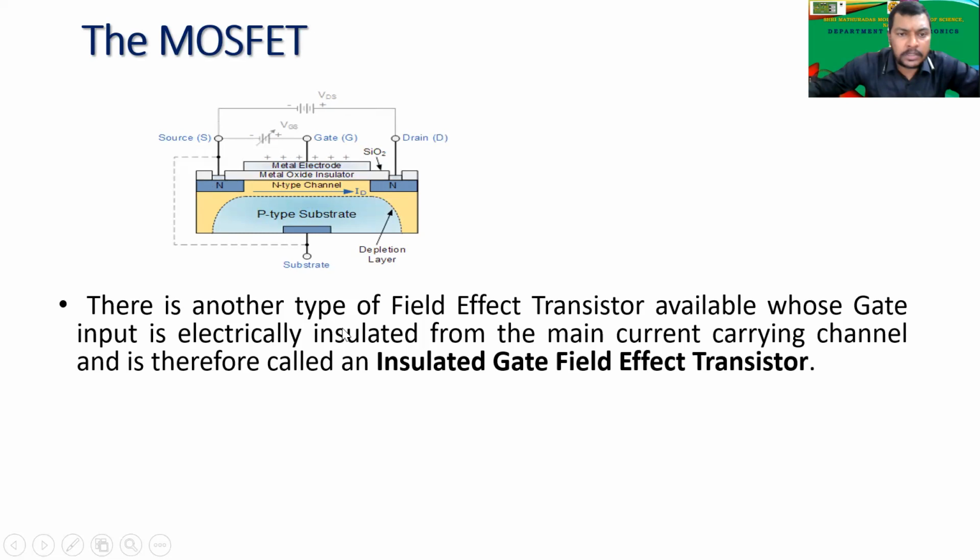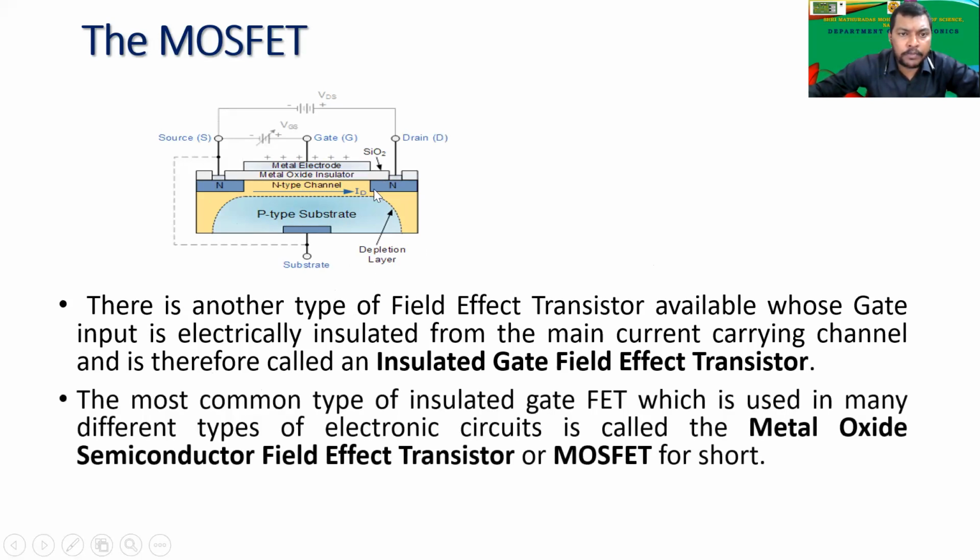The gate input is electrically insulated from the main current carrying channel, and therefore it is called an insulated gate field effect transistor. So we also call it an insulated gate field effect transistor. As you see over here, we have n-type electrons, so the current is supposed to flow from drain to source.